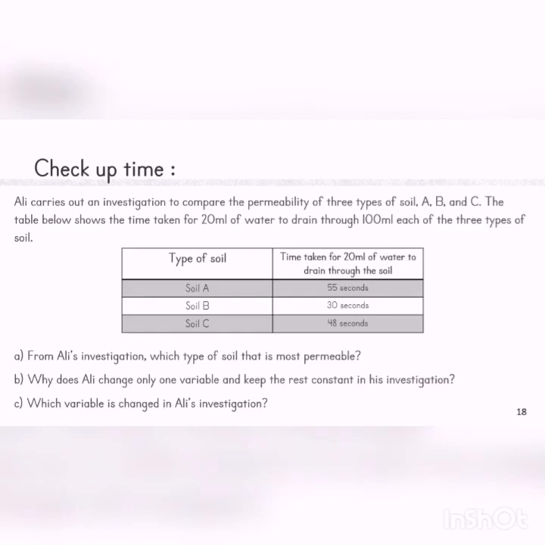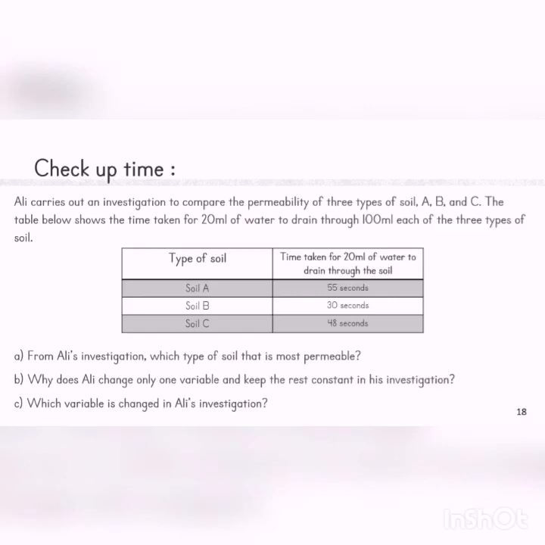Type of soil are soil A, soil B, and soil C. Time taken for 20 ml of water to drain through the soil is: for soil A, it's 55 seconds, for soil B, it's 30 seconds, and for soil C, it's 48 seconds.